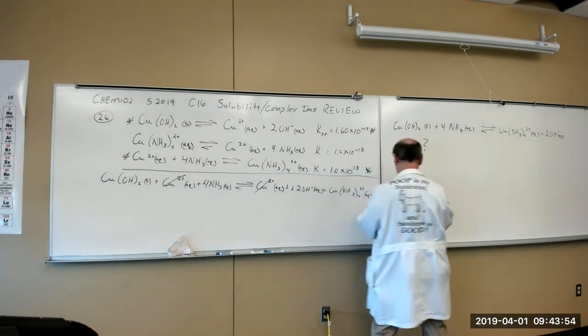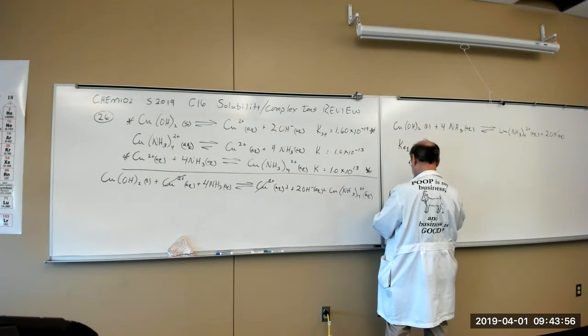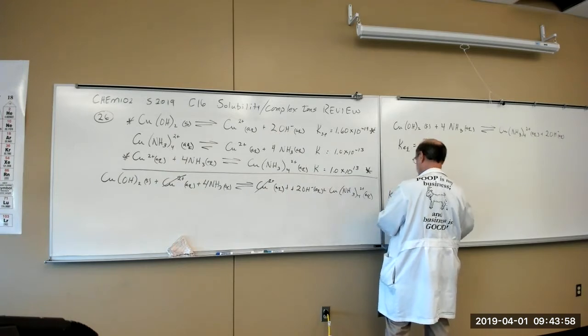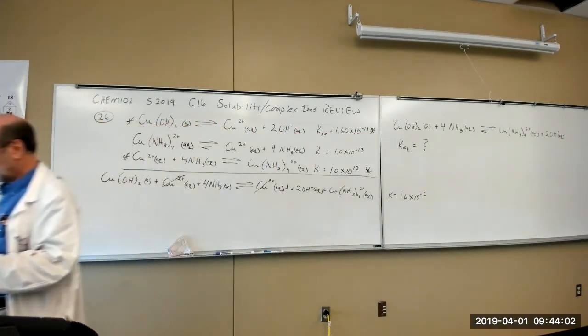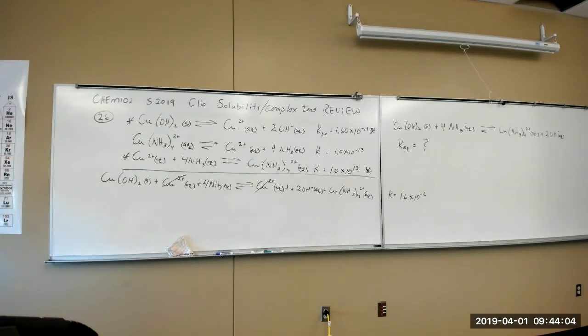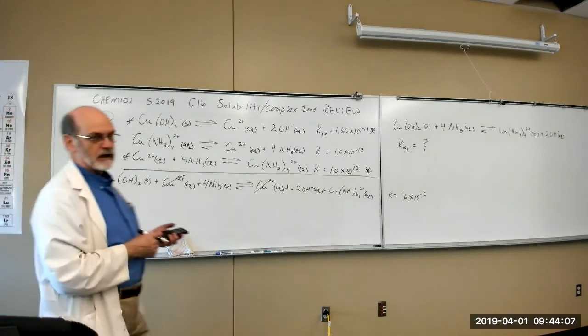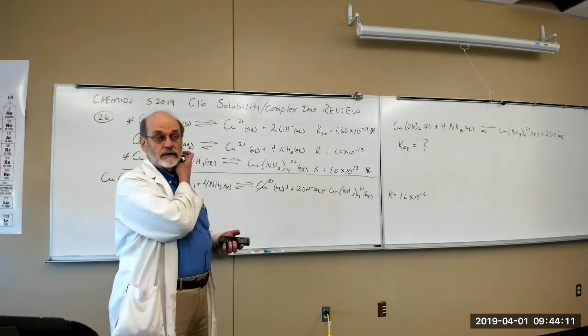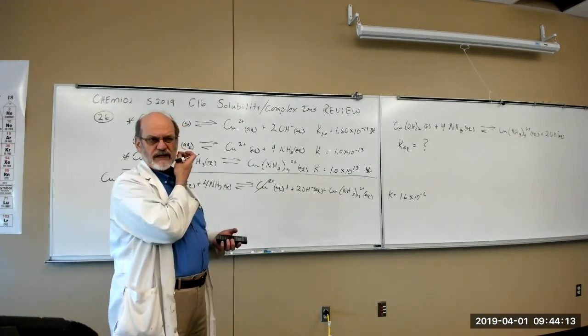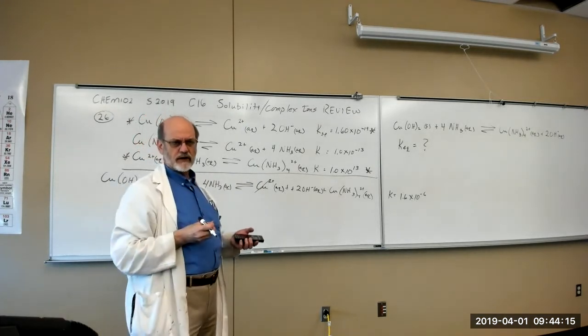And I get 1.6 times 10 to the minus something. We had that somewhere. Which chapter was that where you multiply K1 times K2 equals something? It was in the equilibrium chapter. So that would have been what, 13? Was that when we were introduced to equilibrium?